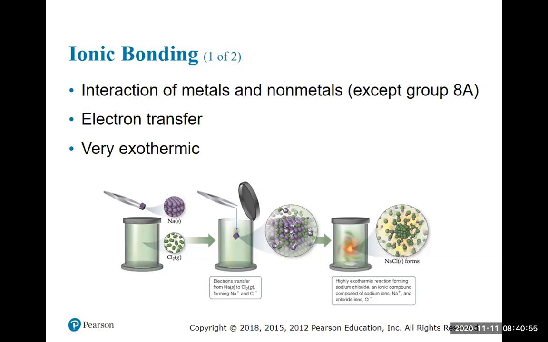And remember, metals tend to have positive charges. Nonmetals tend to have negative charges. So once again, that's reflective of that movement of electrons. These types of reactions to form these types of bonds are usually exothermic.